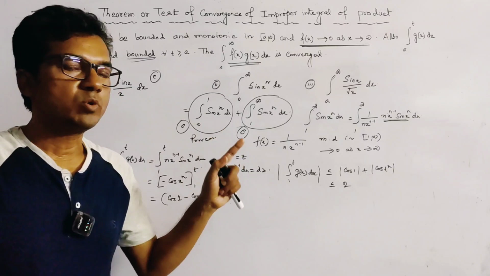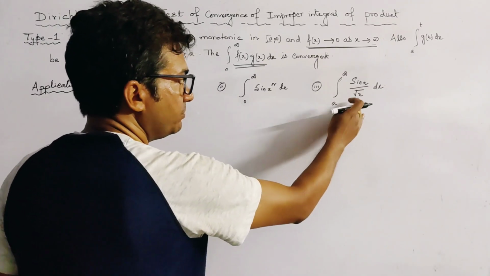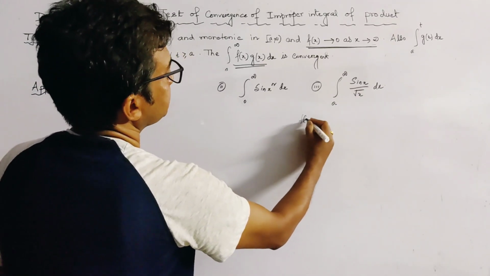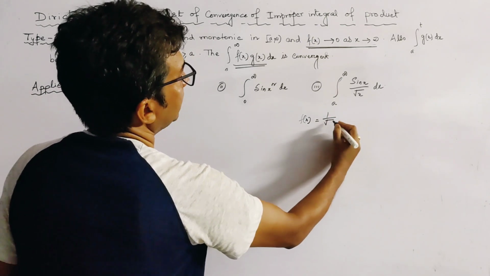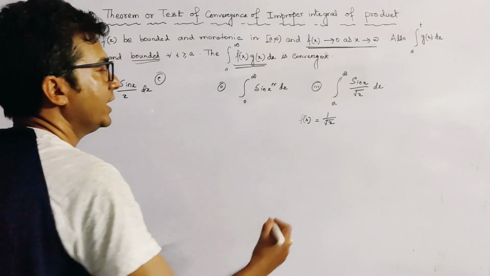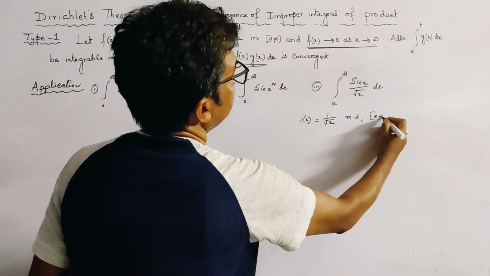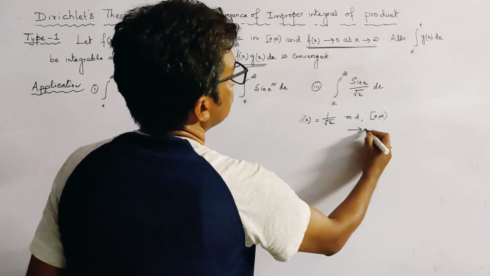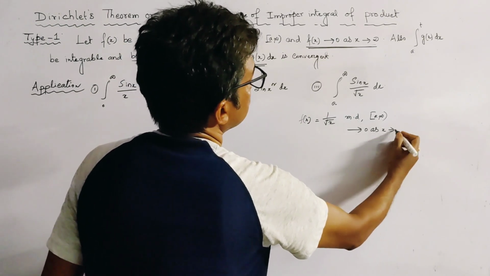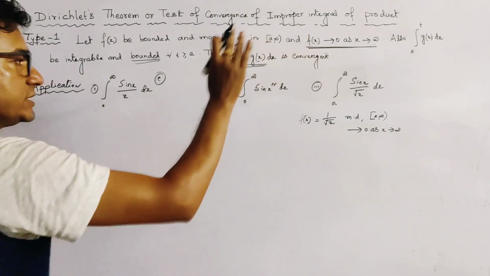And the last one is very simple, and we take f(x) equal to 1 by root x, okay? And this is obviously monotonic decreasing in a to infinity, and this tends to 0 as x tends to infinity. So the first condition is satisfied.